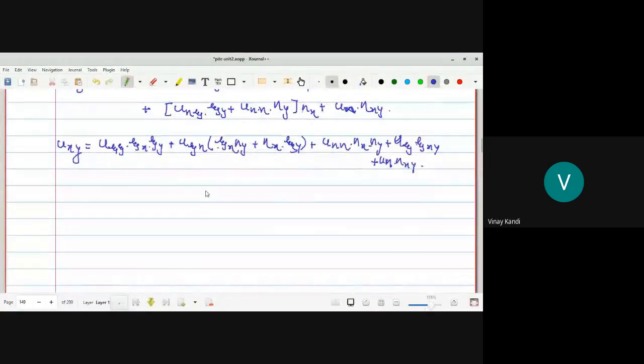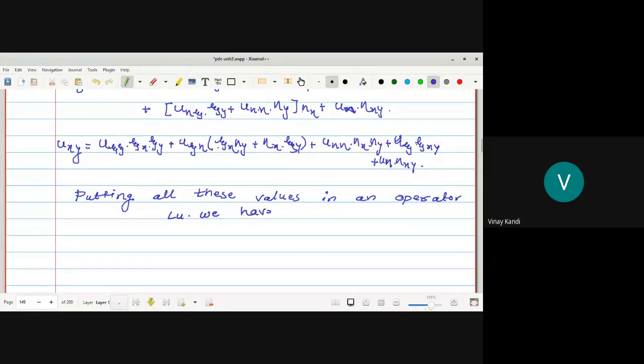Putting all these values in the operator Lu, we have.